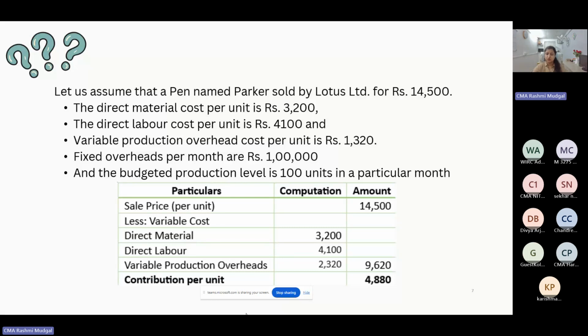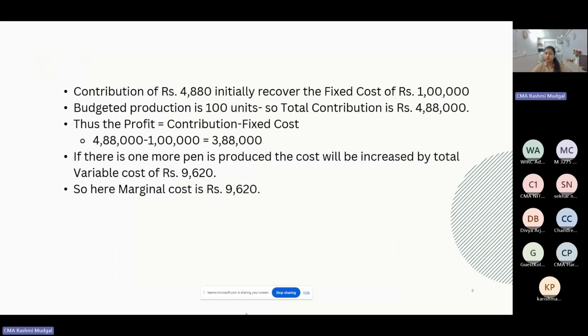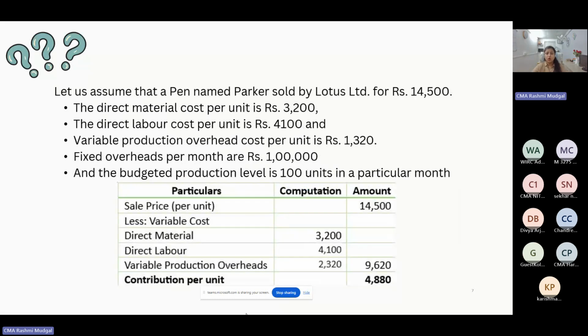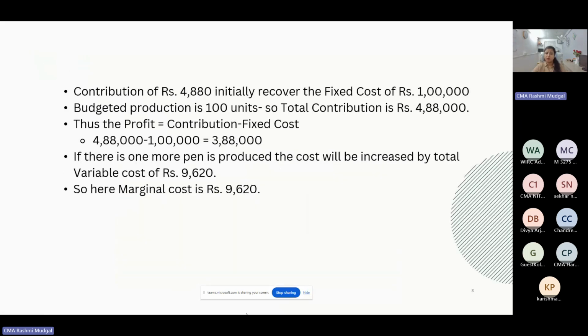So contribution is like profit before my fixed overheads, the amount of 4,880. Now the contribution of 4,880 initially recovers the fixed cost of 1 lakh rupees. So firstly I need to recover my fixed cost, then I will think about the actual profit. But before fixed cost, I am having a profit, a contribution, of 4,880.